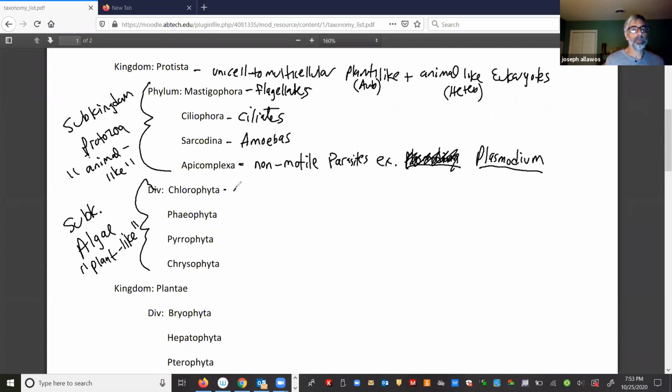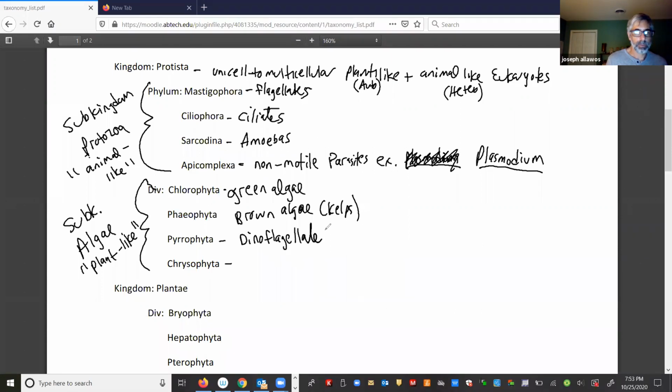The chlorophyta are the green algae. The phaeophyta are the browns, also known as the kelps. And then the pyrophyta are the dinoflagellates, and the chrysophyta are the diatoms.